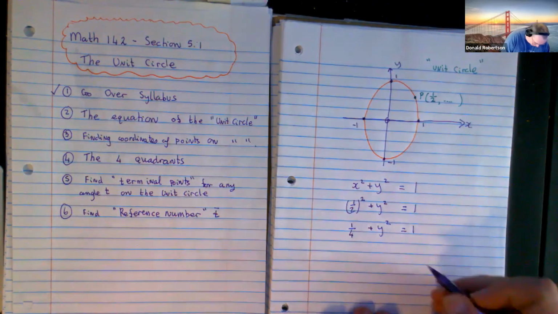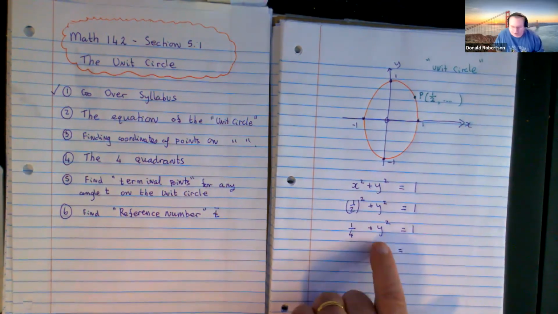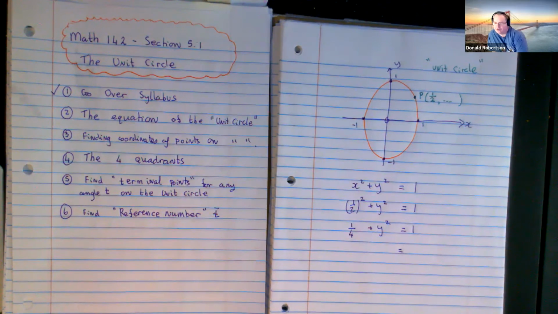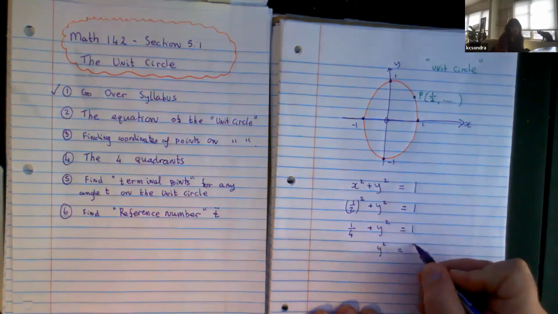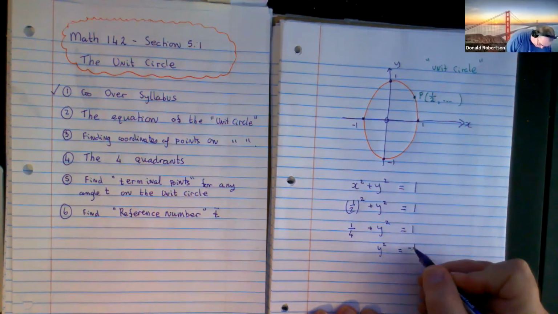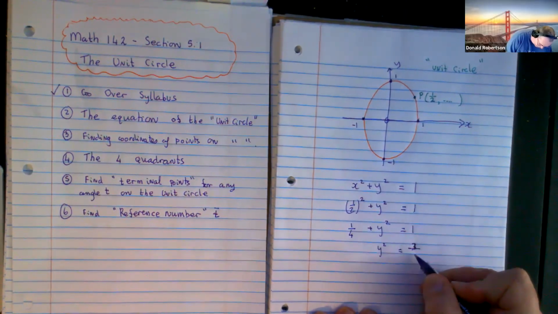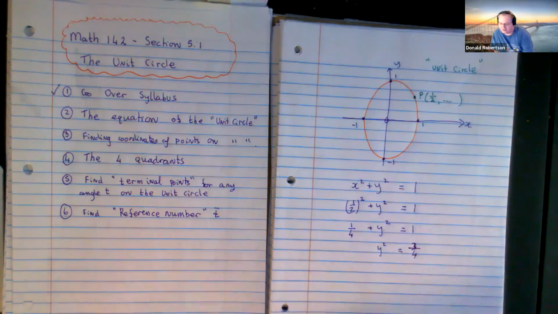What should I do to both sides to get closer to solving for y? What would I do to both sides? Subtract a quarter. Right. Oops. Caught it in time. That's meant to say 3/4. Makes sense, right? 1, take away a quarter, leaves you with 3/4.